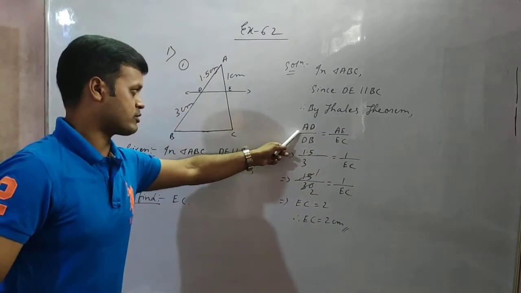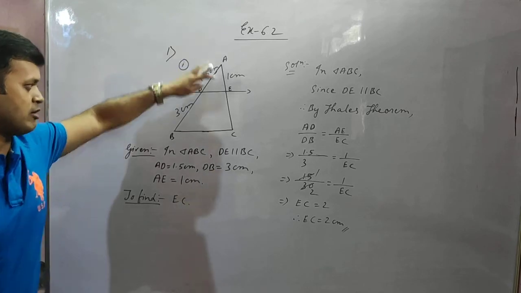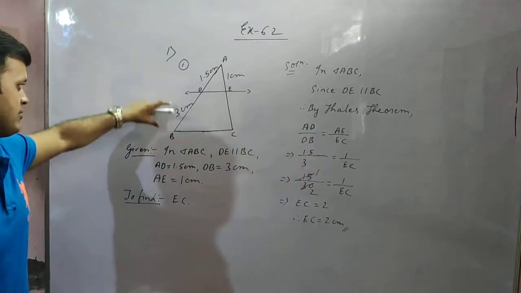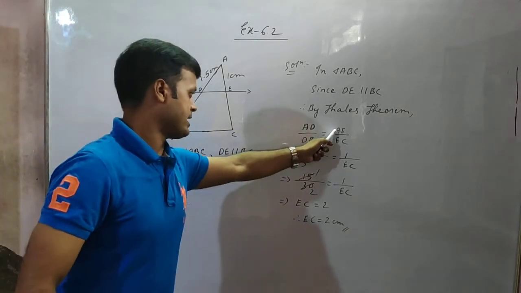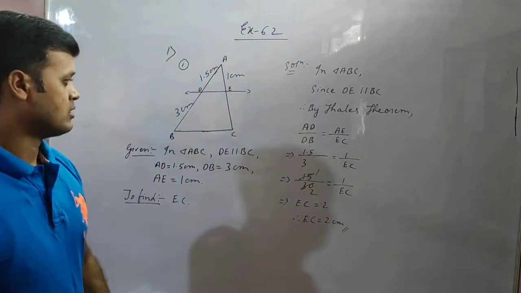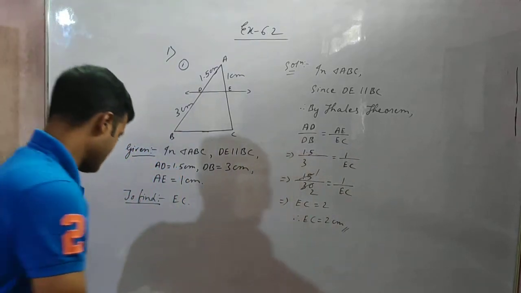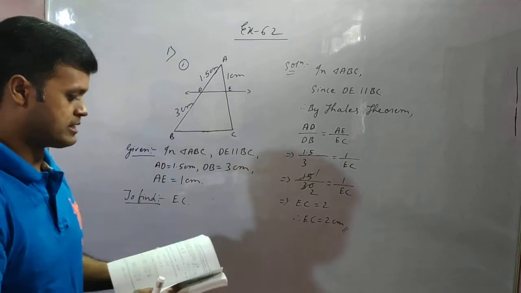What is the value of AD? 1.5. What is the value of DB? 3. And AE means 1. Put here 1 and EC. So theorem 6.1, do you remember theorem 6.1?